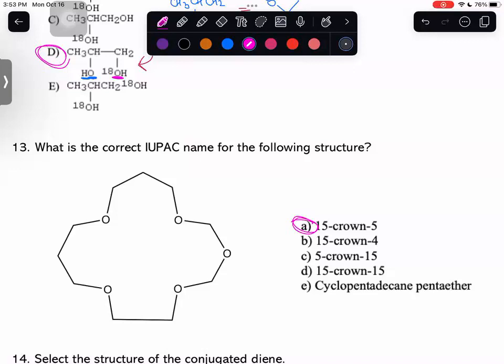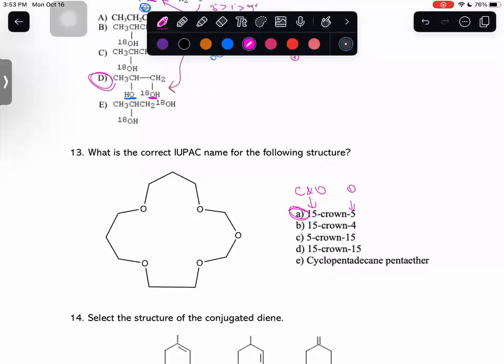What do we have to do? Exactly. This guy is just the number of oxygens. The trick is that you can just multiply the number of oxygens by 3, and that should give you the big number in here, which is the number of carbons and oxygens. Again, this one should be a pretty easy one. Questions? Okay, we're good.